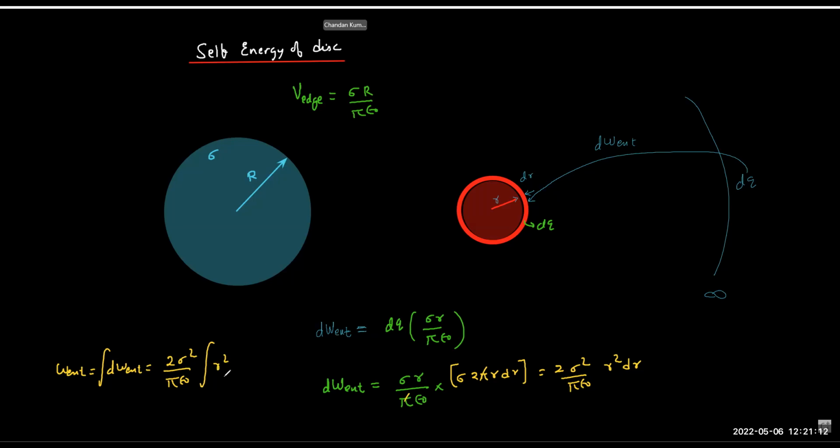Yeah, I'll just change this. Just a minute. Correct. So pi is already gone, right? So this will be equals to 2 sigma square upon, okay, the pi will not come here again.